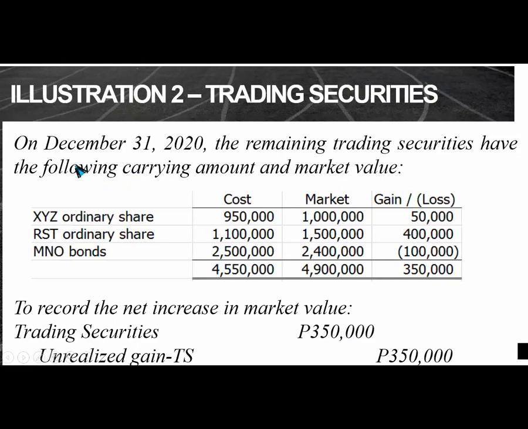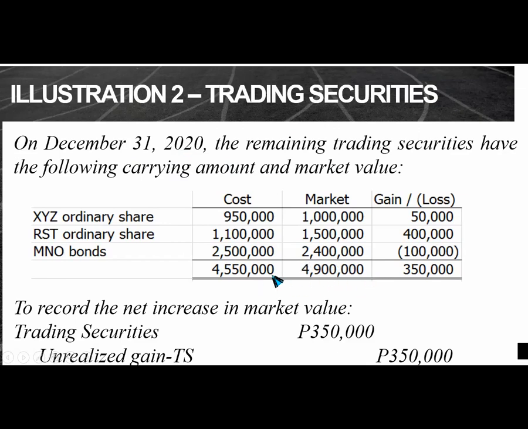To continue the illustration, what if on December 31, 2020, ito na yung mga carrying amount and market value ng securities na natira. So you have a total of 4,550,000. So this is reconciled doon sa ating T account. And then yung market value natin, 4.9 million na.